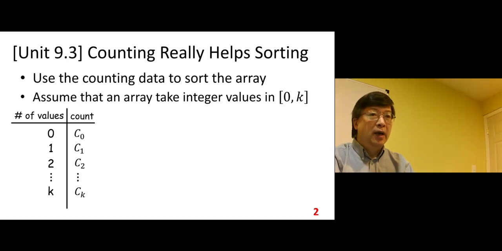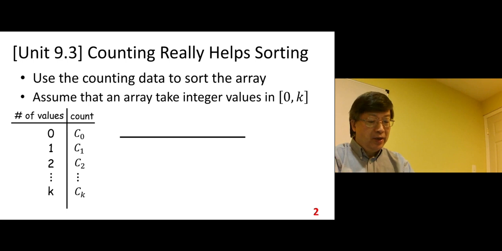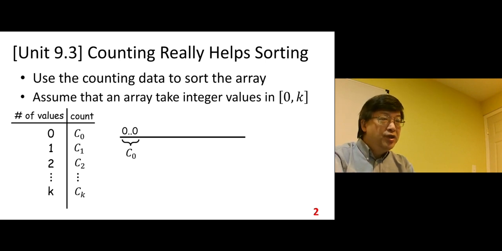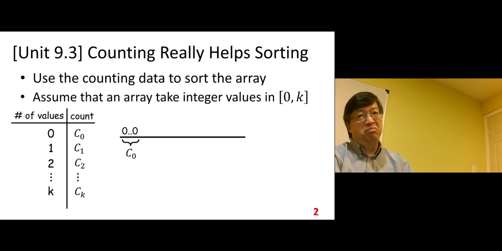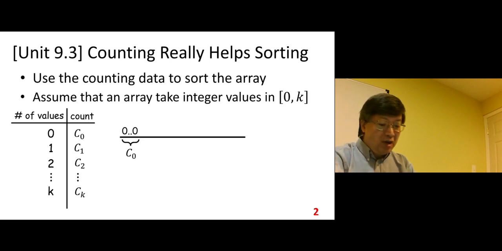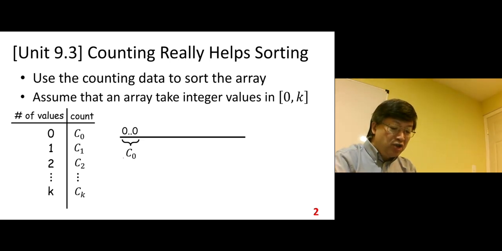All right. Then we want to rearrange the original array elements in this new array. So when we make the arrangement, we want to put those elements with 0 value in C0 consecutive positions.